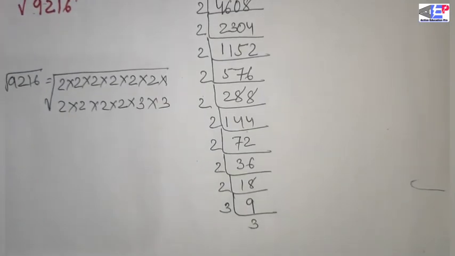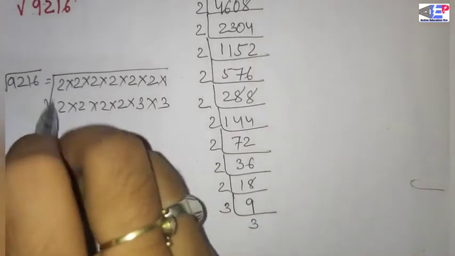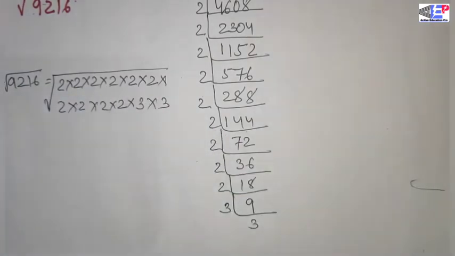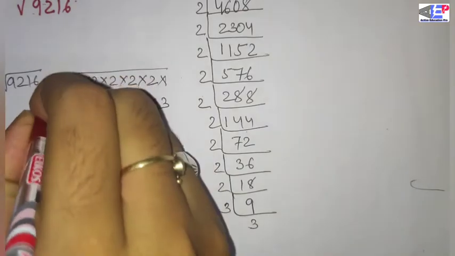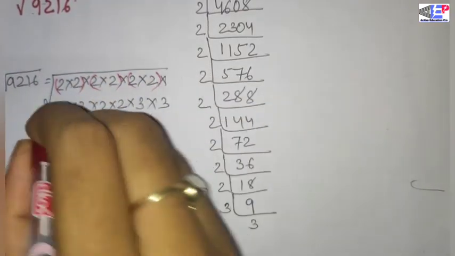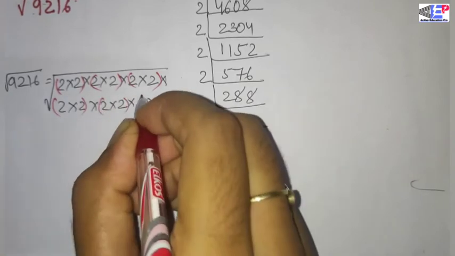And we already know to make pairs of two of the same numbers. So 2 is 2, 2 is 2. Here make pairs.